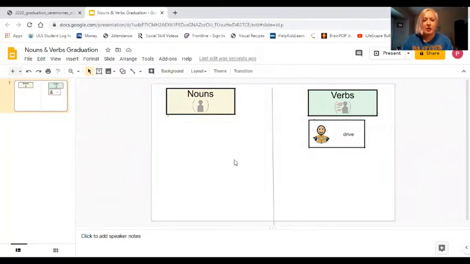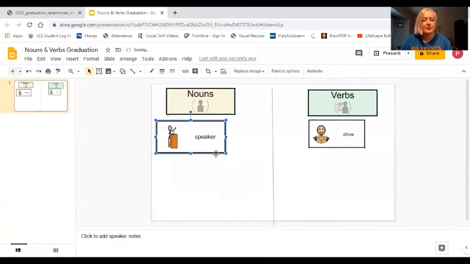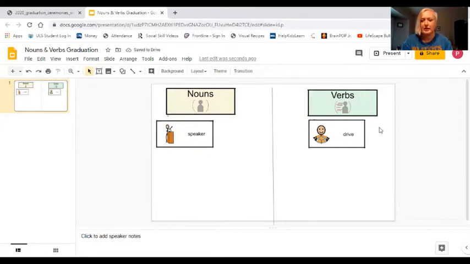Is our speaker a person or an action? That's right, a person. The speaker is a person, so it is a noun. If our word was speech, it would be a noun as well, because that is a thing. A speech is the thing. So speaker is a person. Remember, nouns are a person, place, or thing.